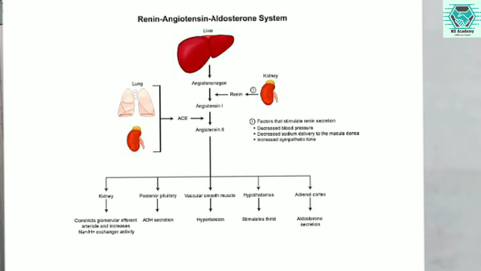The two neurohormones secreted from the posterior pituitary are oxytocin and ADH. Next, in vascular smooth muscle it causes vasoconstriction and hypertension, and in the hypothalamus it stimulates the thirst center, and in the adrenal cortex it helps in aldosterone secretion. Aldosterone basically acts on the collecting tubule.